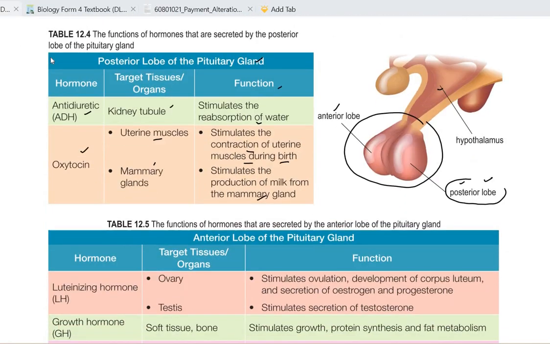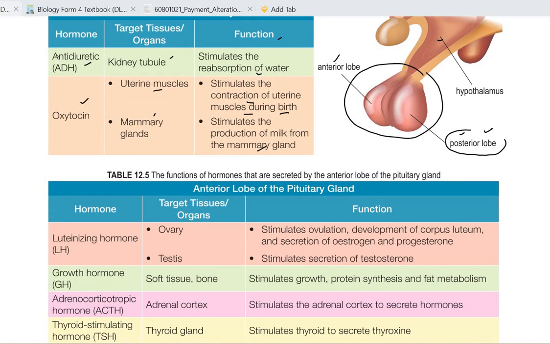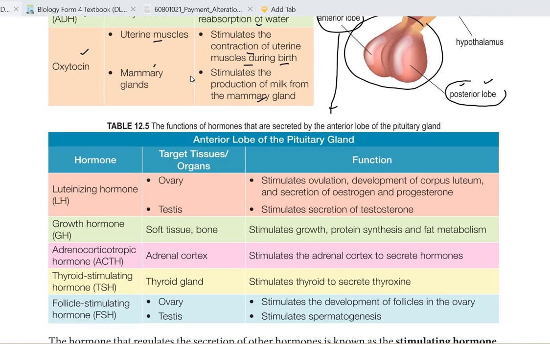We have the anterior lobe. Here, the anterior lobe will secrete five hormones.